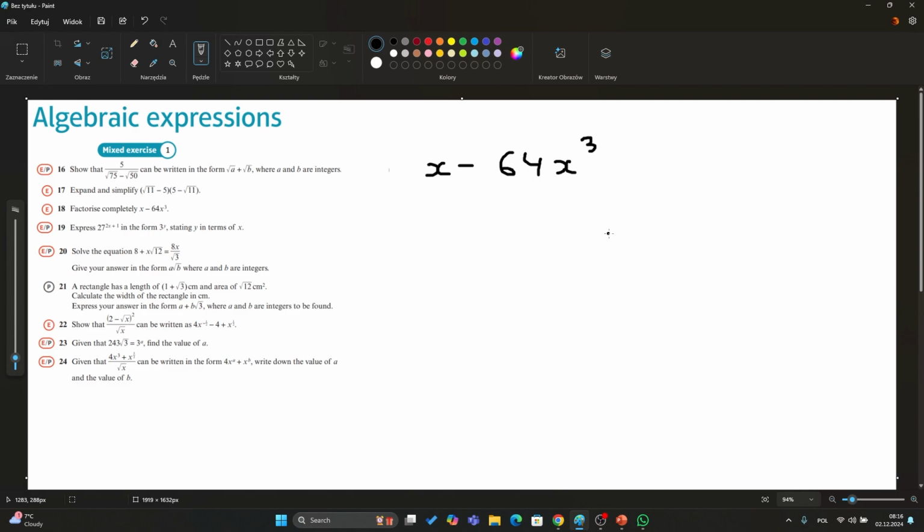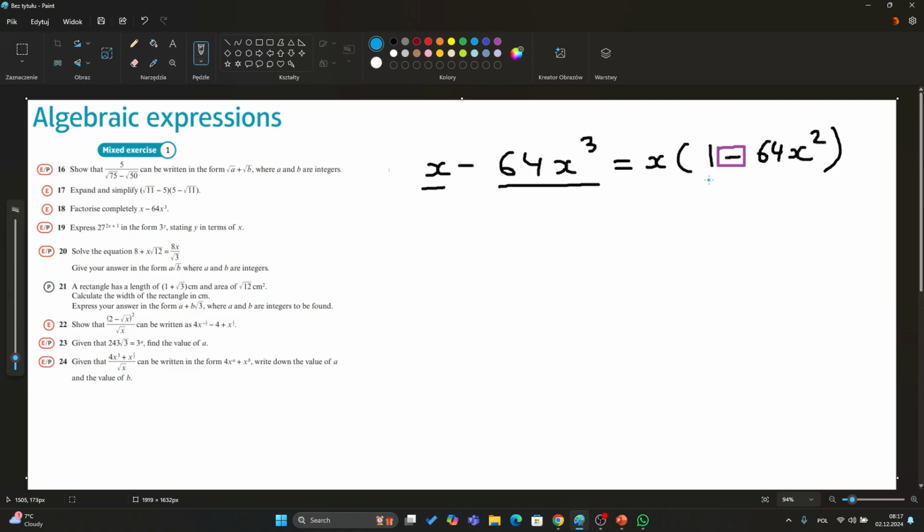Now factorization. To factorize it completely, we always check the common factors. So the common factor of x and 64x cubed is x. That leaves us with 1 minus 64x squared. Now, this is not in the form of ax squared plus bx plus c. But here we can see that we have a negative sign, which indicates that this might be the difference of two squares.